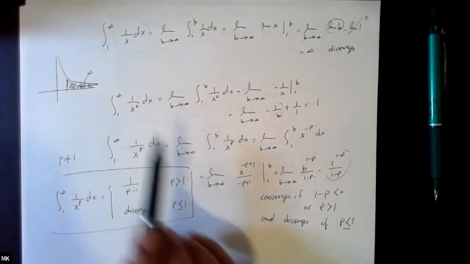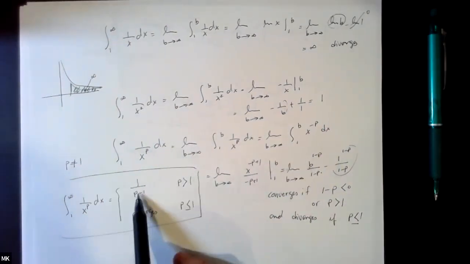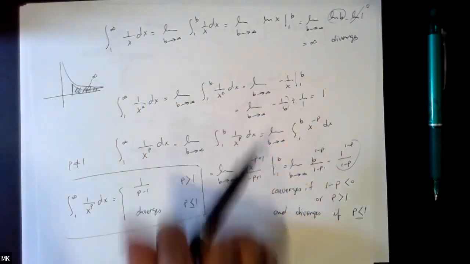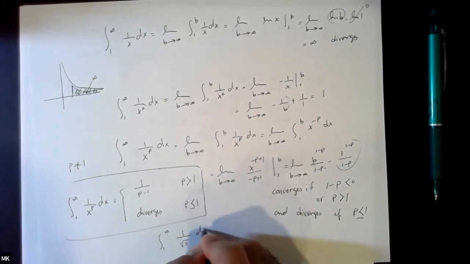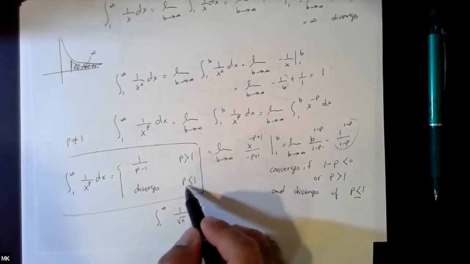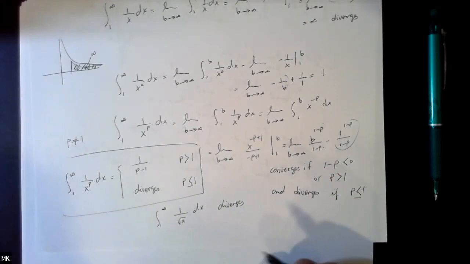So of course, 2 is a number greater than 1. That's why it converged to 1 over 2 minus 1, which is 1. 1 obviously diverged. If it was, say, the integral from 1 to infinity of 1 over root x, because this is x to the 1/2 and 1/2 is less than 1, it diverges. So you get an idea.